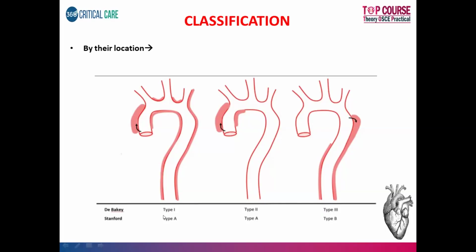Okay. So the type 1 and type 2 of DeBakey's is known as type A of Stanford. That is basically it involves the ascending aorta, whereas in type B, there is no involvement of any ascending aorta or the arch of aorta. It is purely the descending aorta.